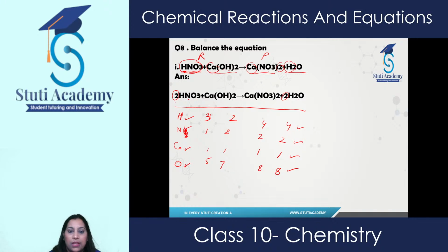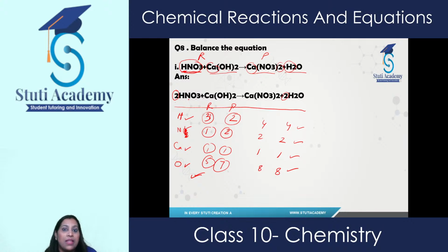Then I have written reactant and product side, how many they are present in numbers. After writing this, I come to know if these two numbers are different, it means it is not balanced. So first I'll balance the element which is maximum in number.